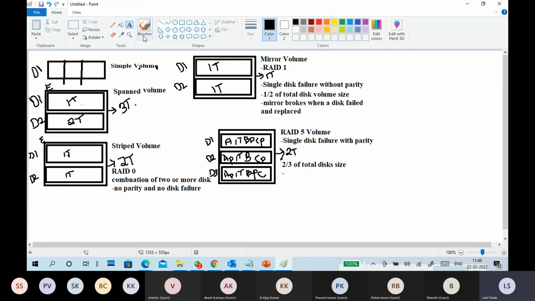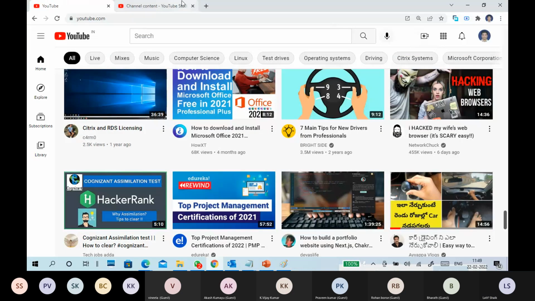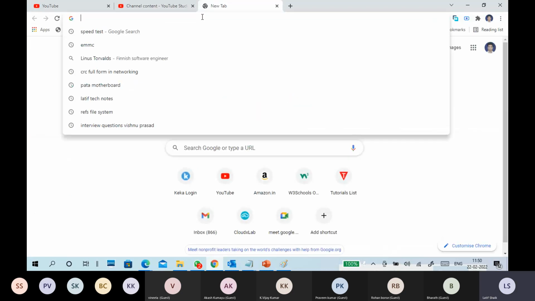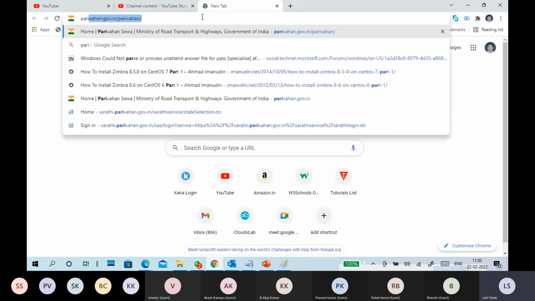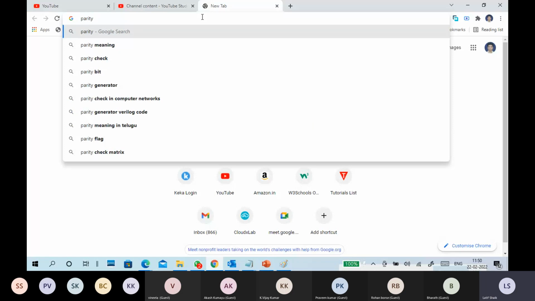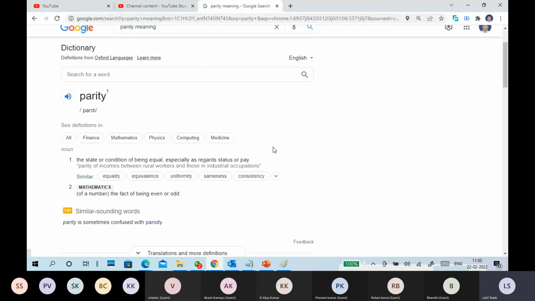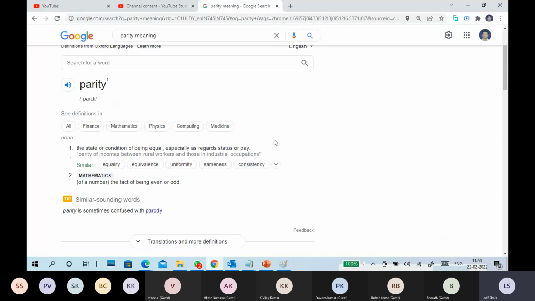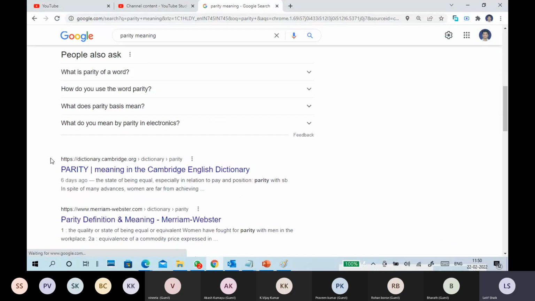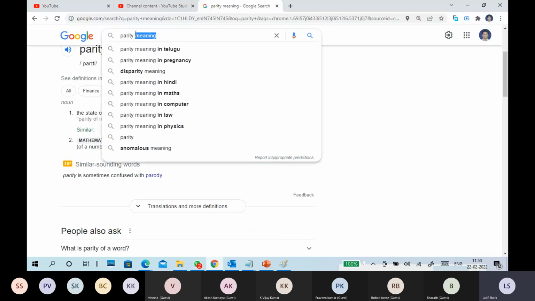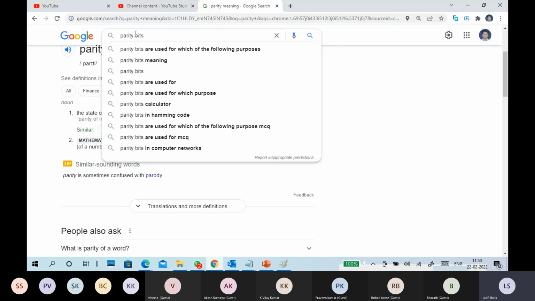Now tell me, guys, did you get the point? Parity point. What is parity? It is giving some other parity bits.